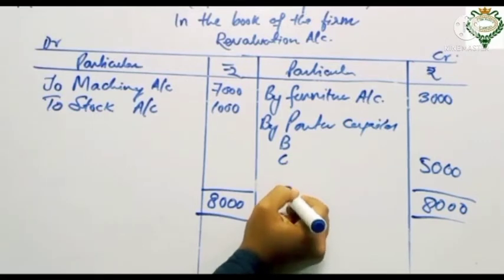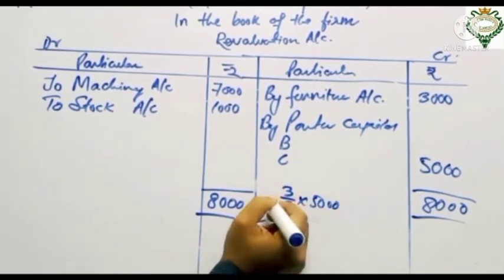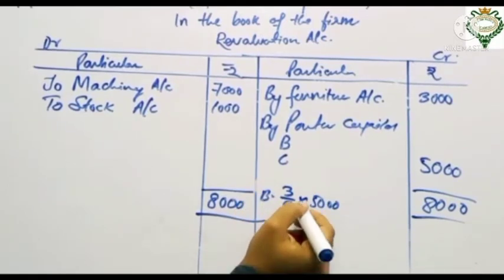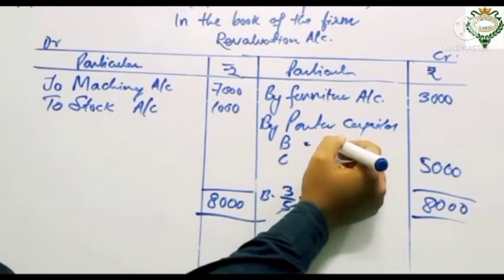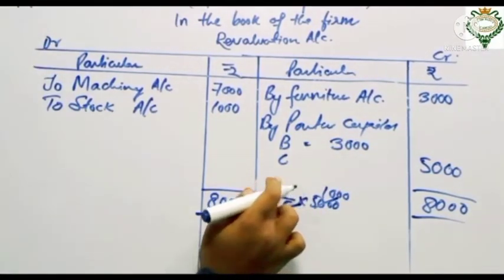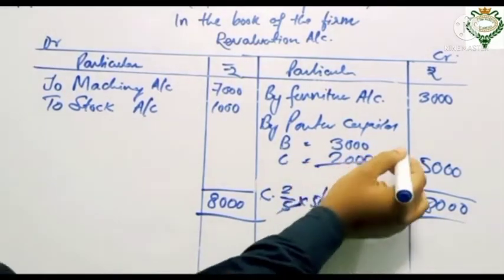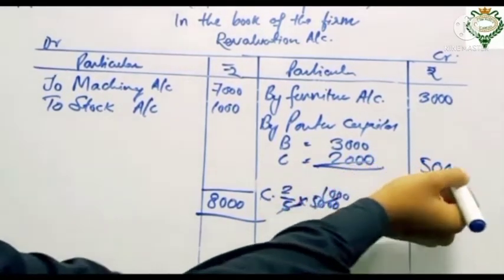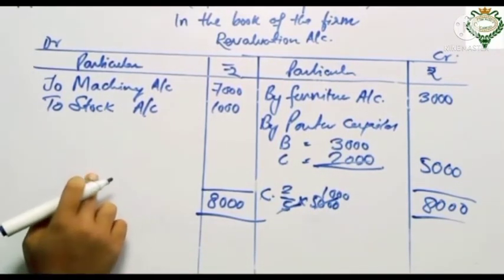That is 3/5 into 5,000, this is for B. So how much will you get? You get 3,000. Similarly for C, that is 2,000. Okay, so here is 5,000. So this is how you calculate a revaluation account.